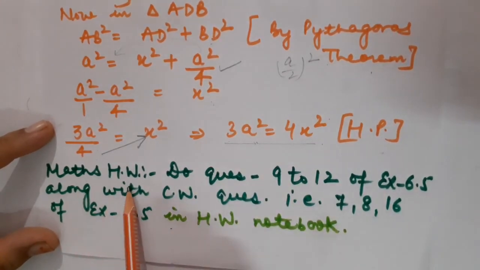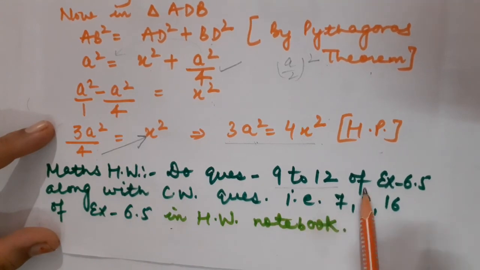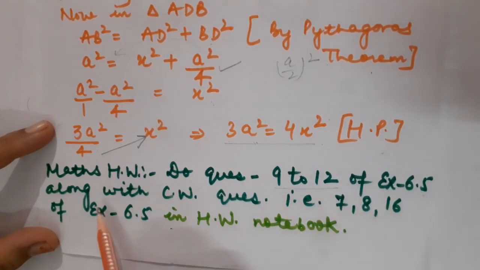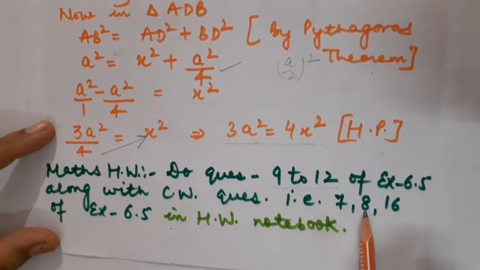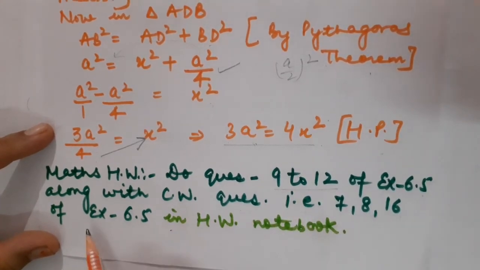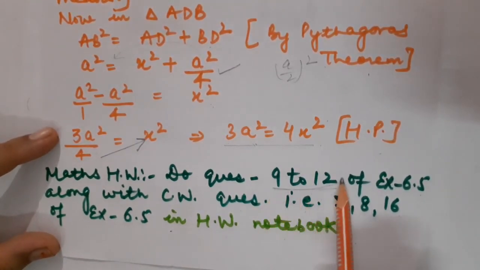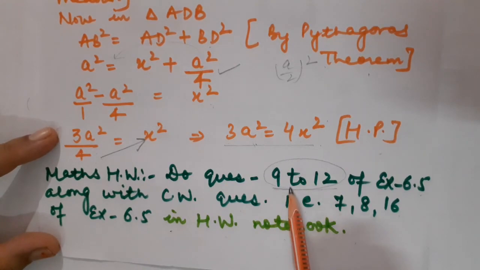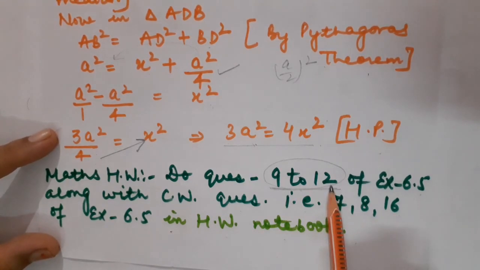Please get your mathematics homework. Do questions 9 to 12 of exercise 6.5, along with the classwork questions, that is 7, 8 and 16 of exercise 6.5, in the mathematics homework notebook. Children, let me tell you, questions 9 to 12 are very simple questions and they are based on numerical values.